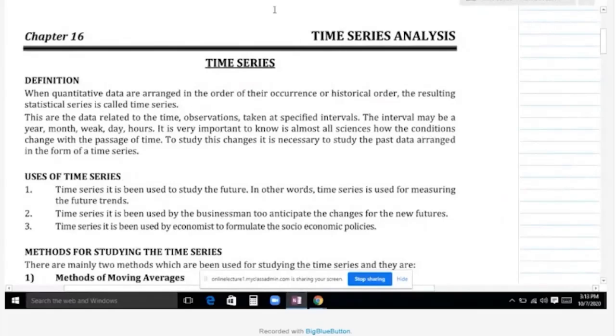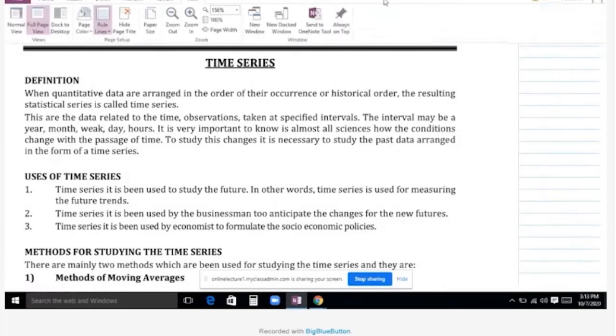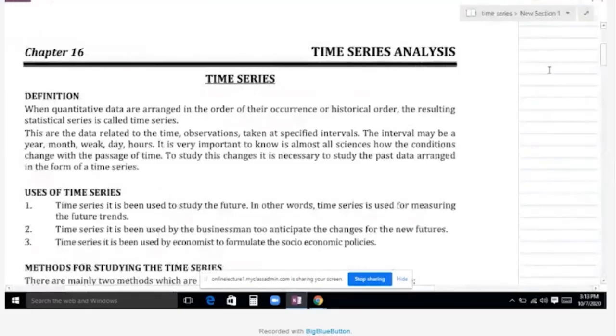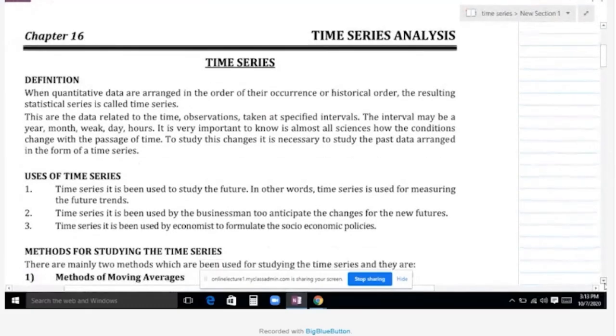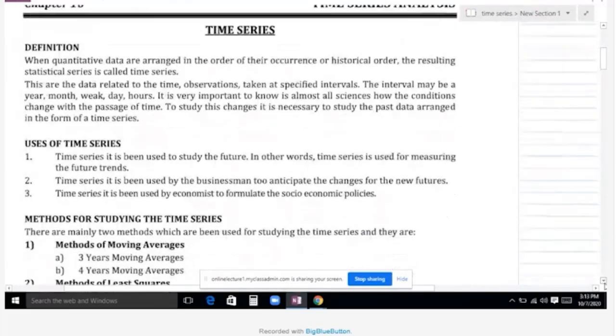When we are going to study this chapter, time series, in the real sense you should know what the meaning of the term time series is.